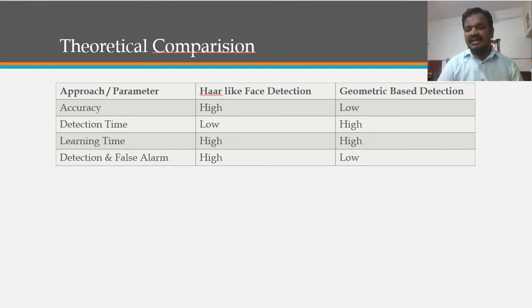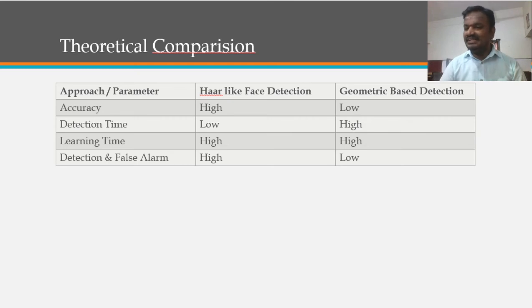Accuracy-wise, Haar-like face detection is higher than geometric based face detection, and the detection time is lower. That means it can execute in a faster time, and its execution time is very low. For geometric based detection, the learning time for the face detection is higher.